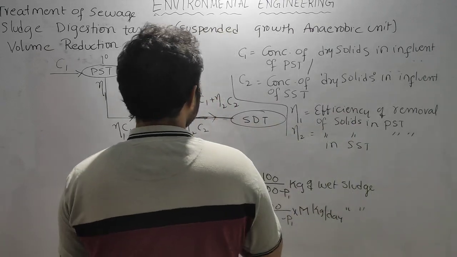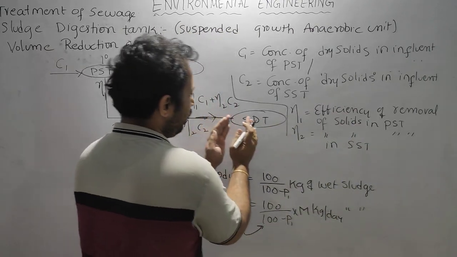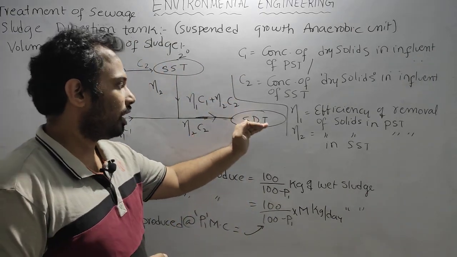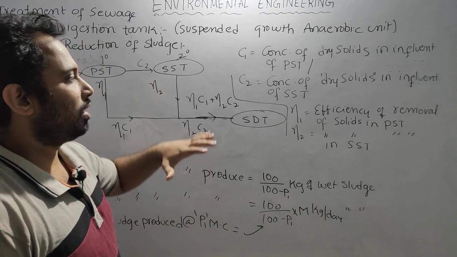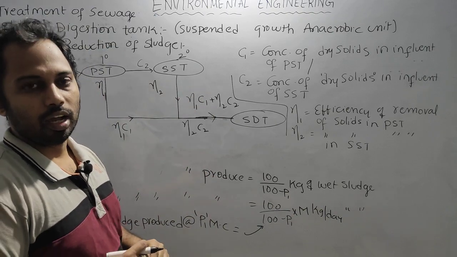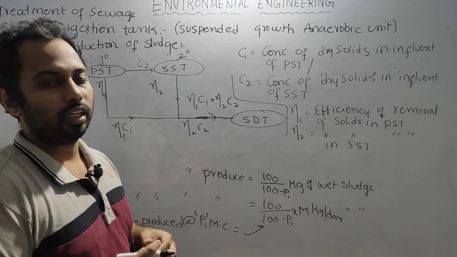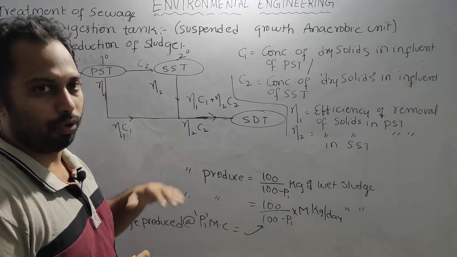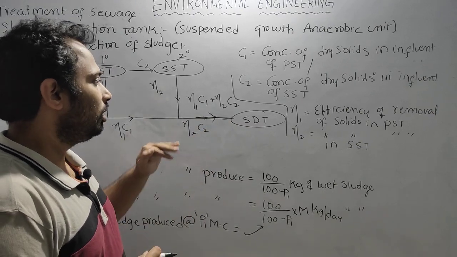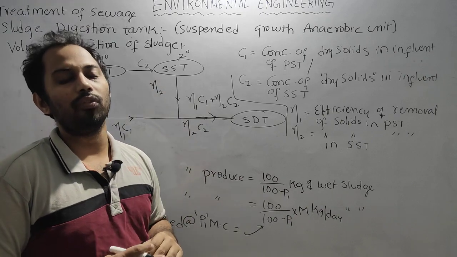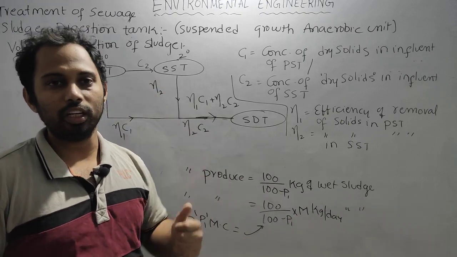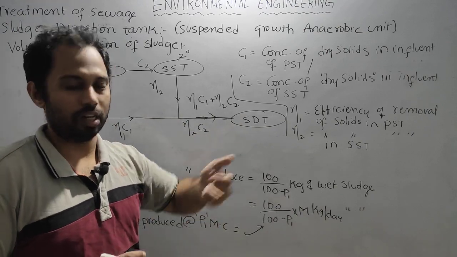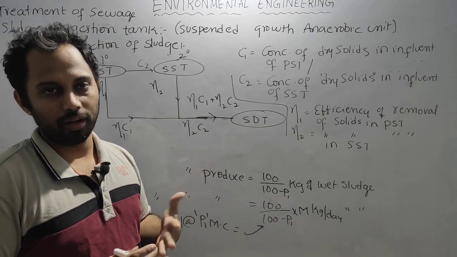Now whatever solids enter the sludge digestion tank, after the sludge digestion, digested sludge is produced. Here sludge is not removed, actually sludge is digested, so destructed.